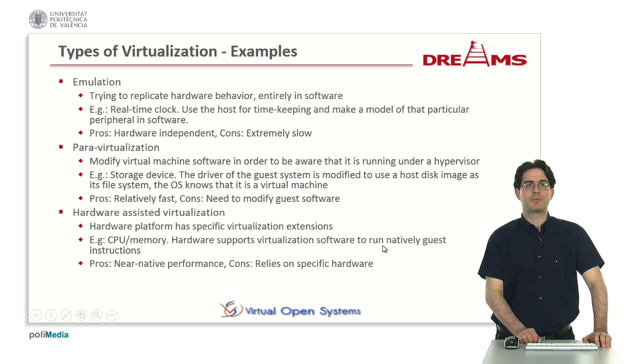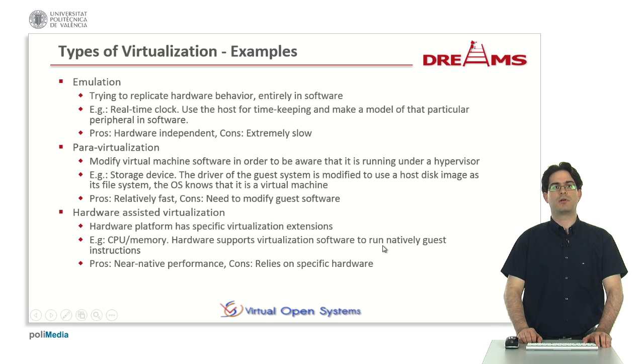So, examples for types of virtualization, listing them as we did previously, starting from emulation, which is trying to replicate the exact hardware behavior entirely in software. Of course, this is very costly. Imagine, for example, a peripheral device, a real-time clock, where the host actually keeps the time, but you model a device that outputs the time to the guest operating system.